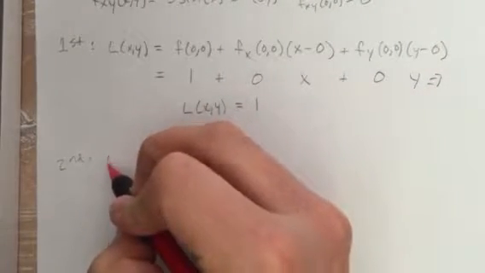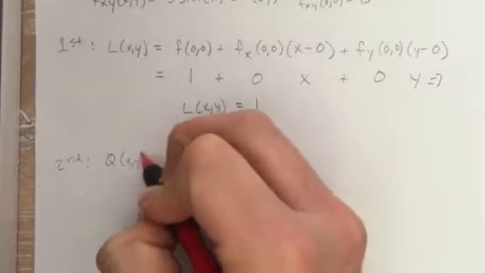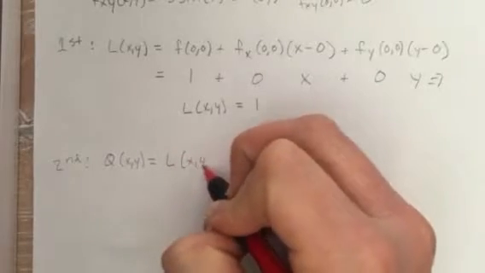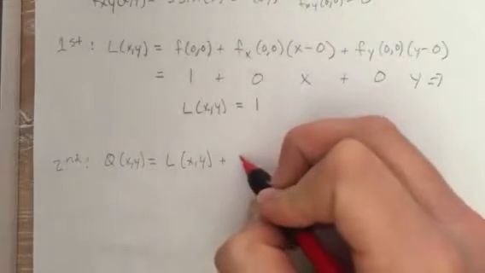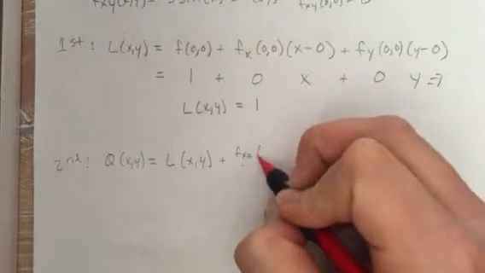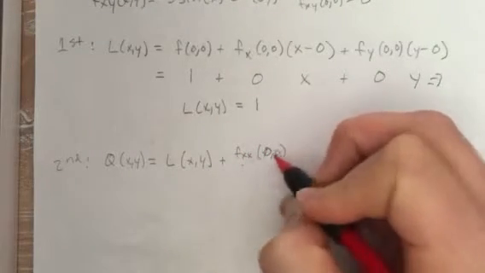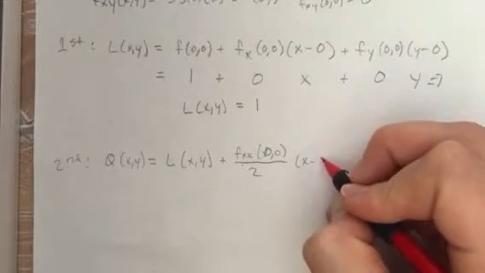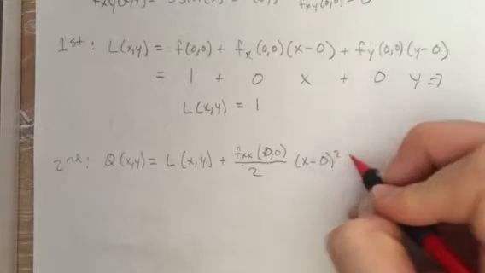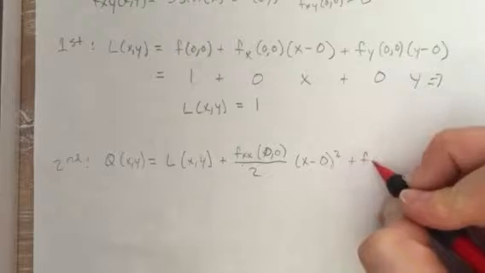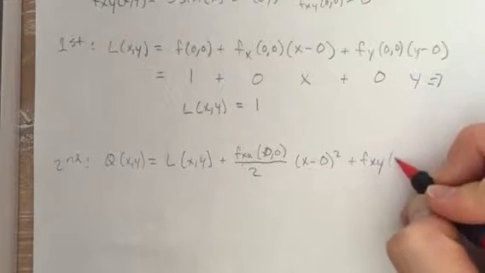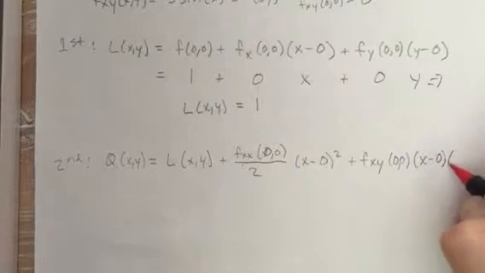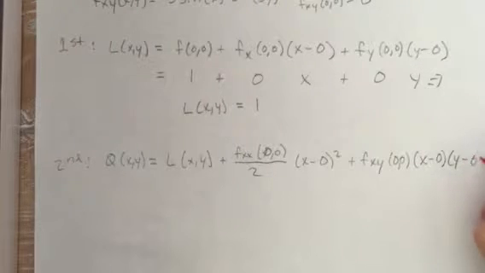So this one, as we said, is going to be q of xy, which is equal to L of our xy plus fxx of 0, 0 over 2, and this is multiplied by x minus your x1, which is 0, squared, plus fxy of 0, 0 times your x minus x1, which is 0, and then also times y minus y1, which is 0.